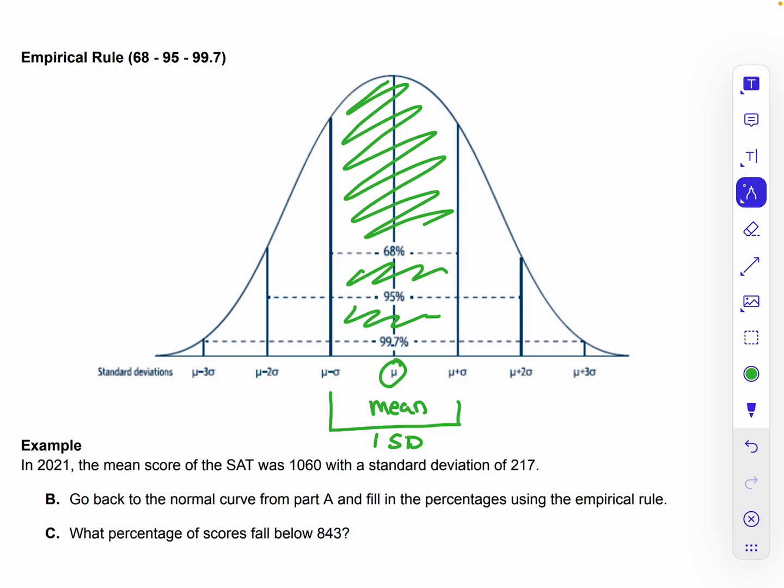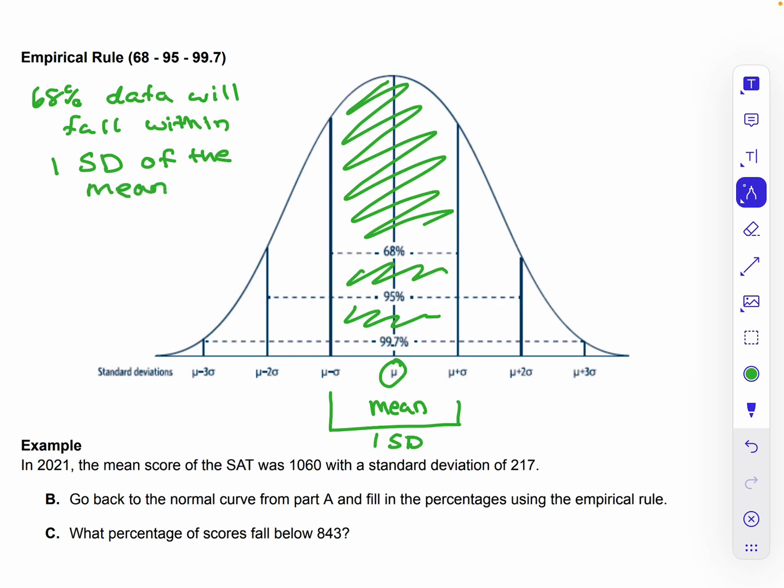So we know, given this empirical rule, that 68% of the data will fall within one standard deviation of the mean. And so that means you get a really good sense of what's going on with the numbers. And then we can even generalize that a little more if we move a little further out from there.